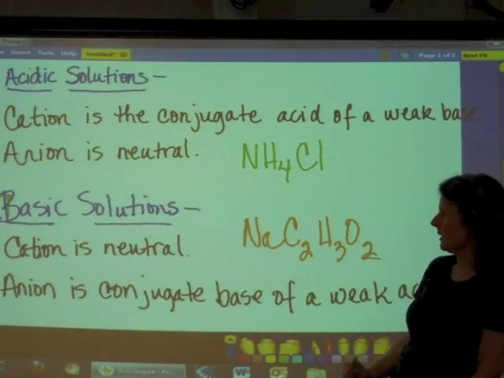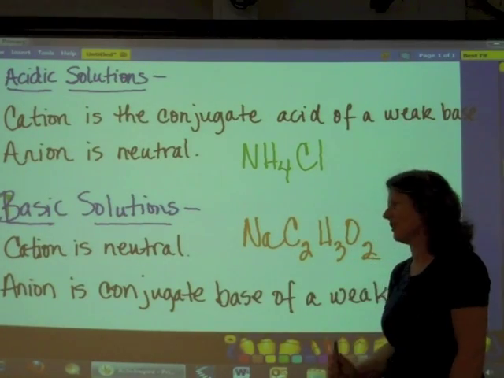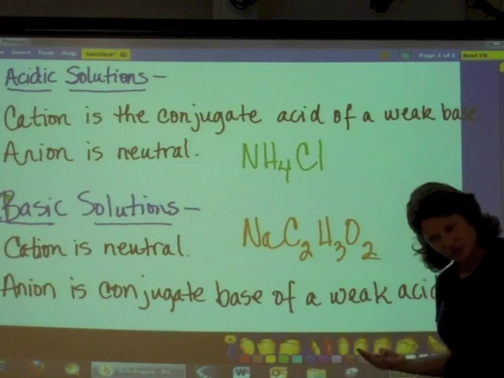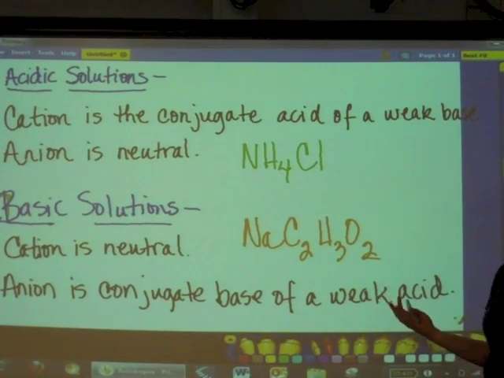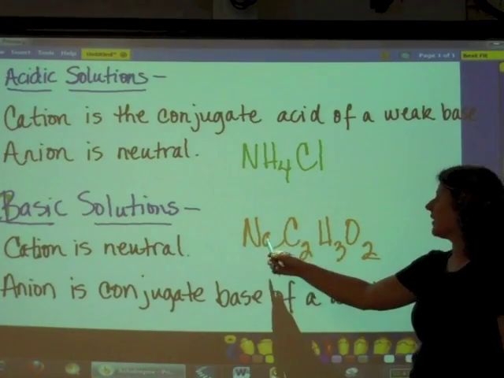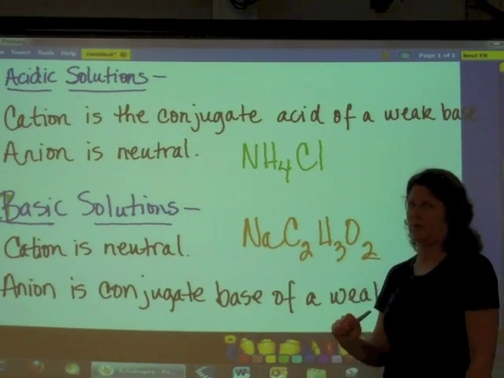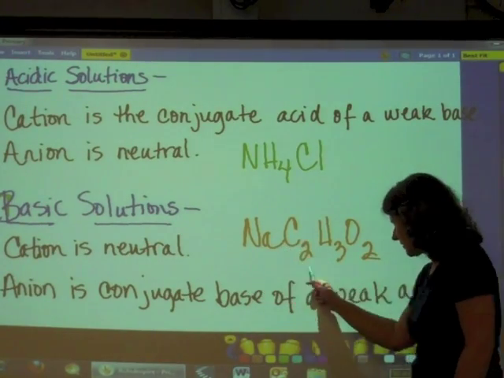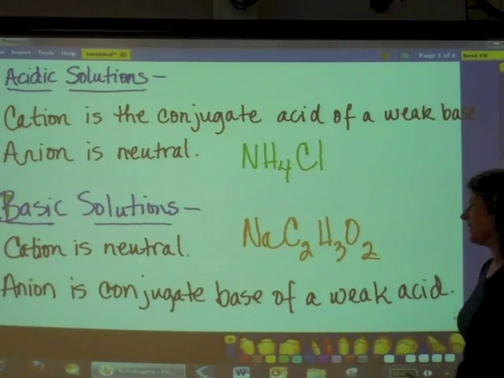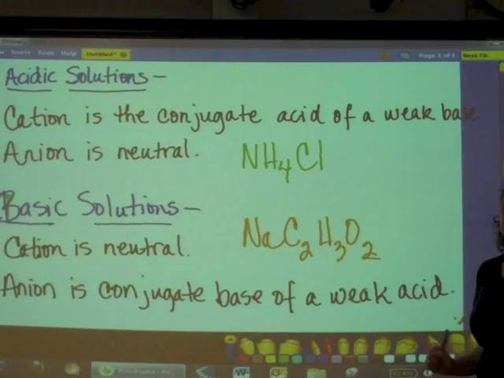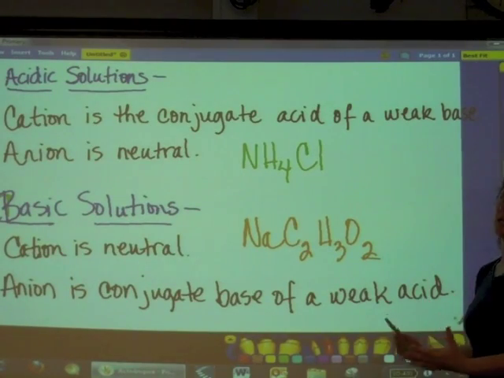The sodium is the cation of a strong base, and it's a strong base because it has no affinity for hydroxide in solution, so this is going to be neutral. But this acetate ion is the conjugate base of the weak acid, acetic acid.